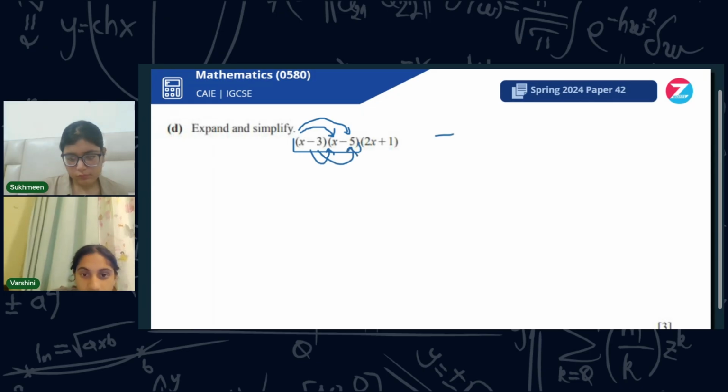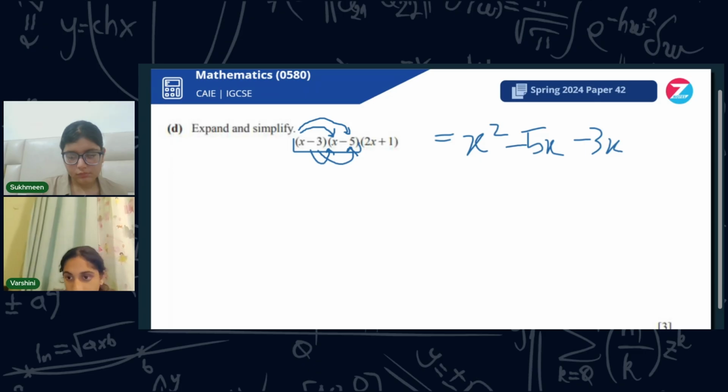So that is going to give us, first we know x into x is going to give us x squared, and we know x into minus 5 is going to give us minus 5x. And then we have the minus 3, so minus 3 into x is going to give us minus 3x. And again, minus 3 into minus 5, you can put that in your calculator if you're a little confused.